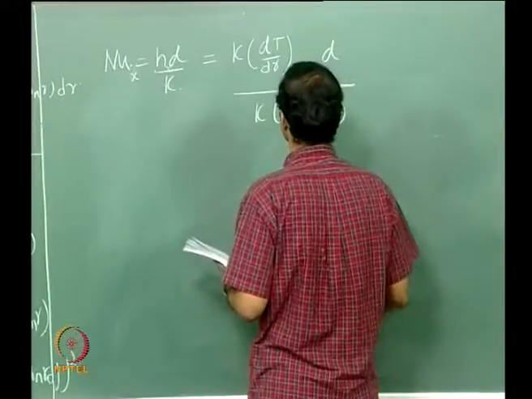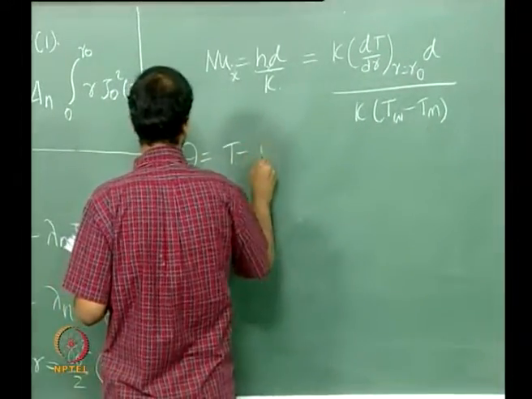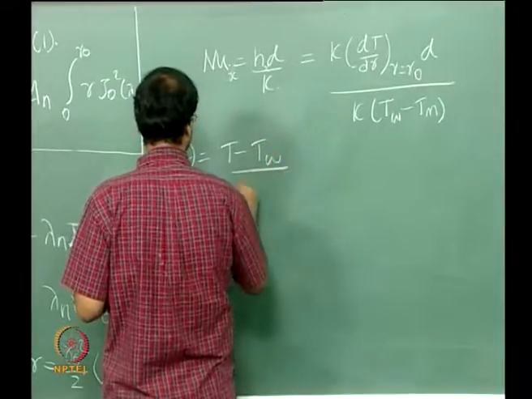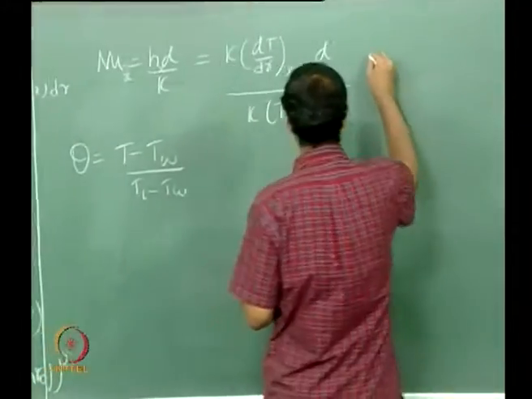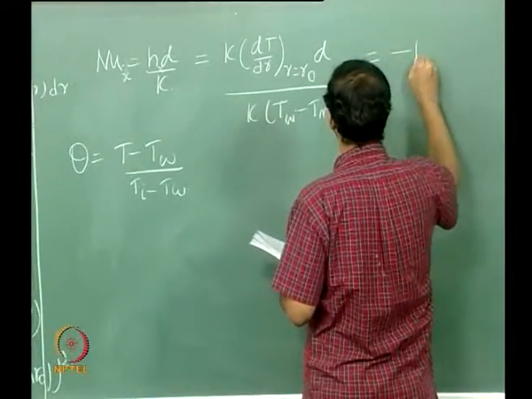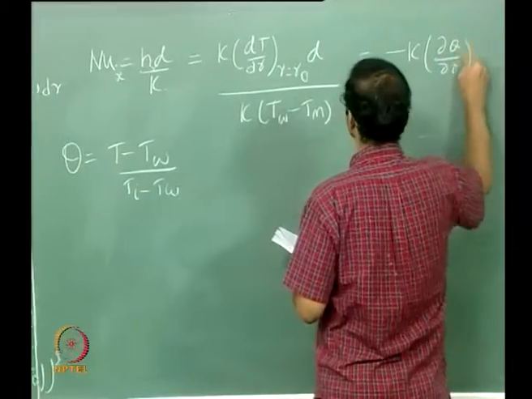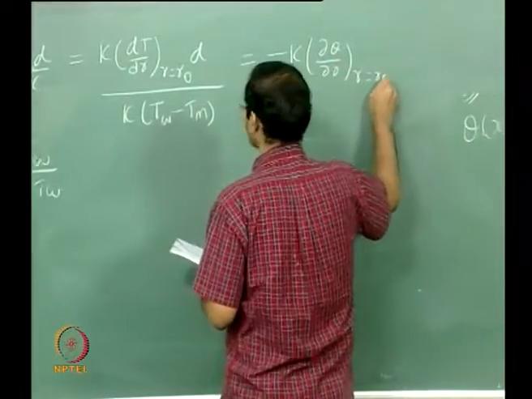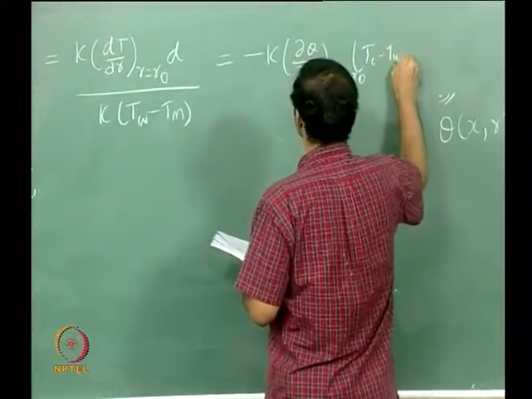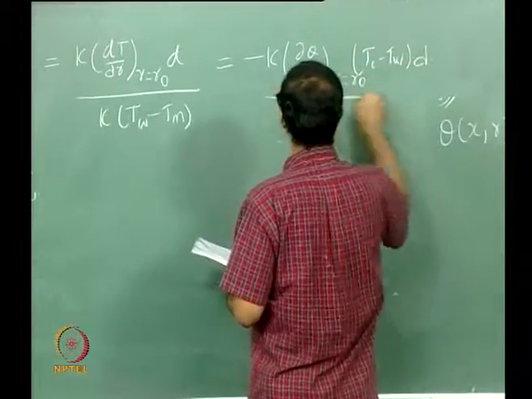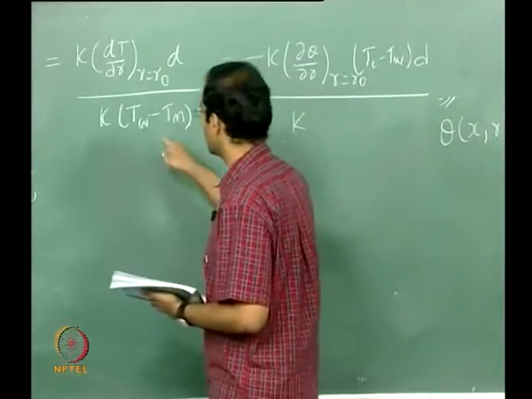So now I can substitute in terms of non-dimensional theta. Theta is defined as T minus T wall by Ti minus T wall. So I can write this numerator as minus K into d theta by dr at r equal to r naught times Ti minus T wall into d, divided by K times now T wall minus T mean.